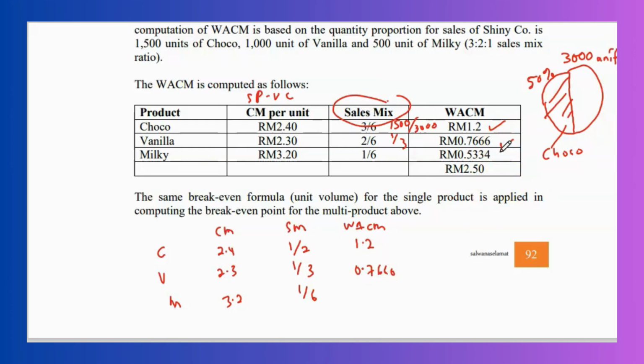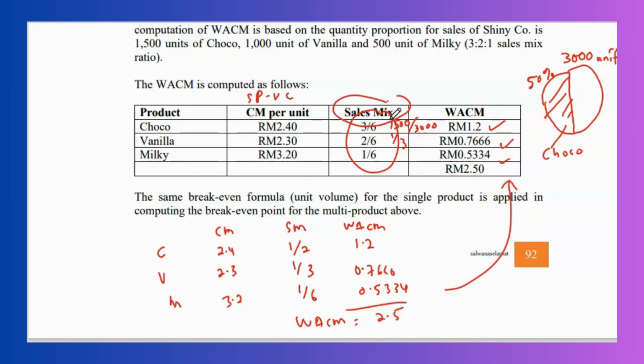And 3.2 multiplied by 1/6 gives 0.5334 also. When we add them together, our WACM is equal to 2.5, the same answer as this. I hope you understand how to get the proportion.